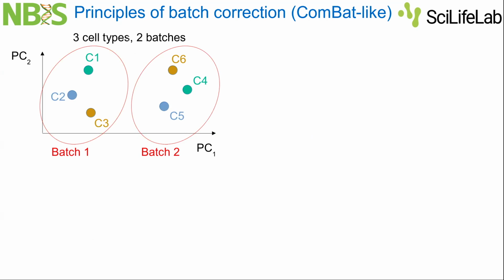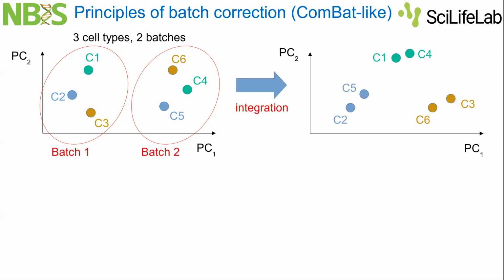They come from maybe two different batches. But we are talking about gene expression here. So the point of integration is to come to this PCA plot where cells are grouped by their cell type rather than technical factors.